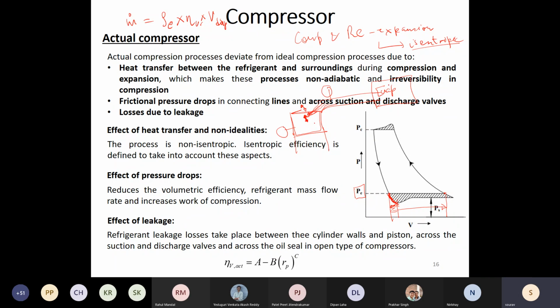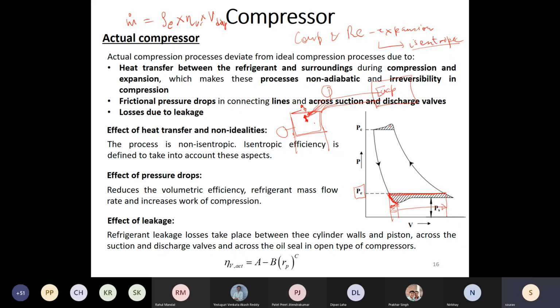Okay, not at the evaporator pressure. So you will have losses in the amount of mass flow rate that the compressor can deliver. Okay, so if you had assumed an isobaric suction where P equals P evaporator, whatever amount of mass flow rate you were able to derive, that would be a theoretical derivation only. The actual one would be lower than that.